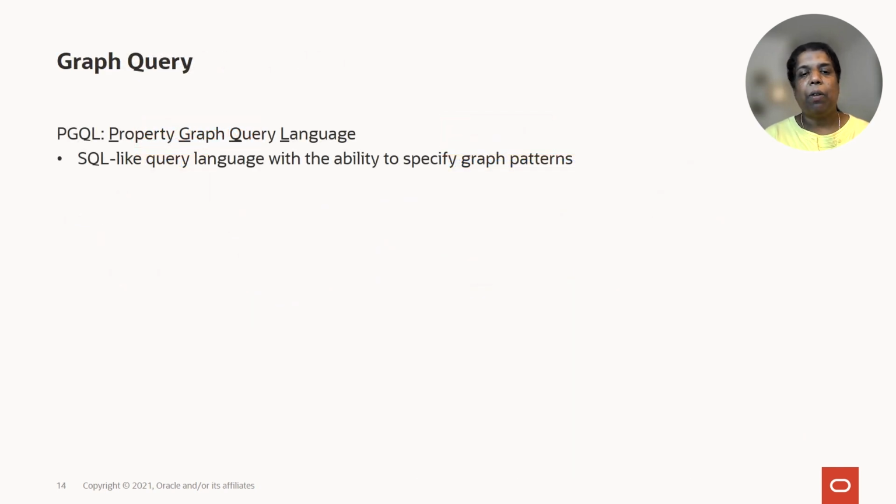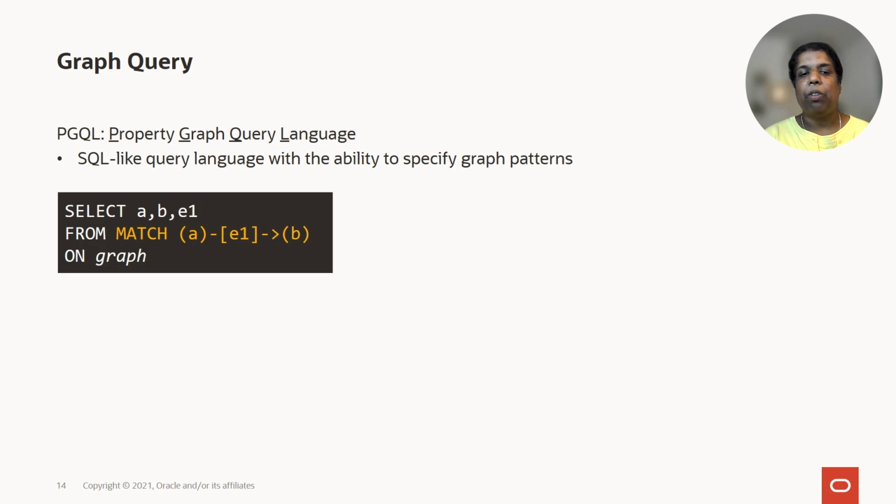So now let's take a look at the property graph query language. So I said it's a SQL-like language, and this means it has constructs that are familiar to SQL developers, like select, from, where clause, and so on. And in addition, it has the ability to specify a graph pattern in the match clause.